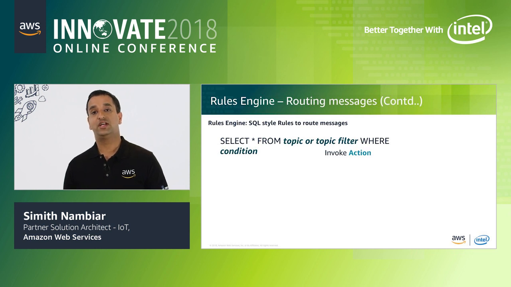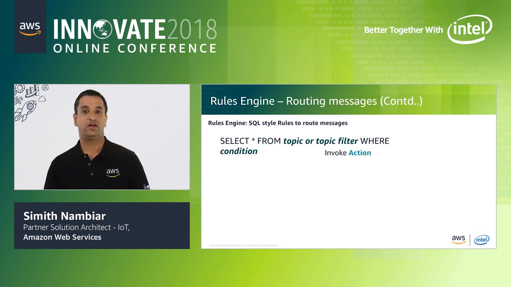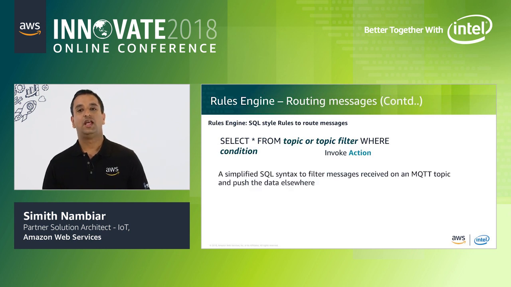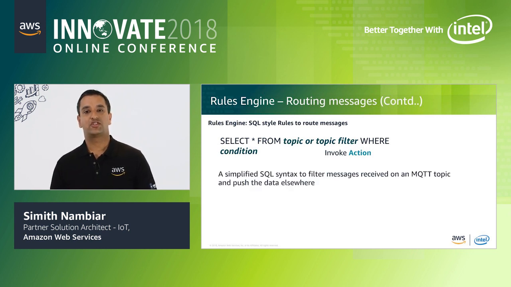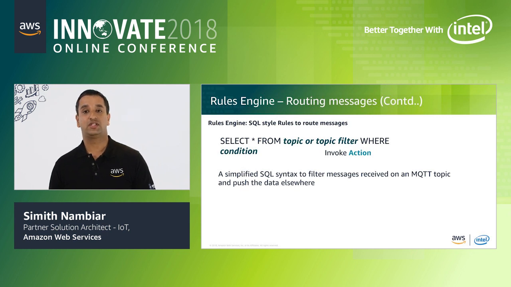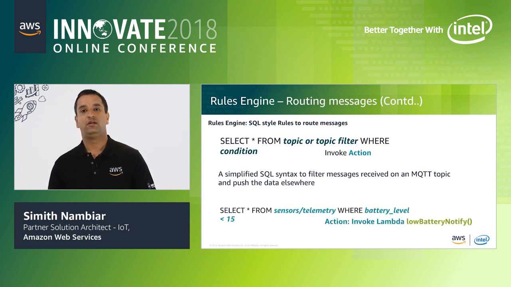The rule is triggered when an MQTT message is received on a topic that matches the topic filter. Rule actions allow you to take the information extracted from an MQTT message and send it to another AWS service. Rule actions are defined for a wide set of AWS services. For example, by using a Lambda rule, you can call other AWS or third-party web services.